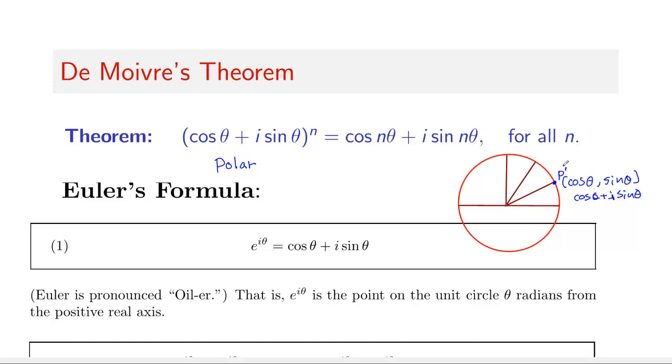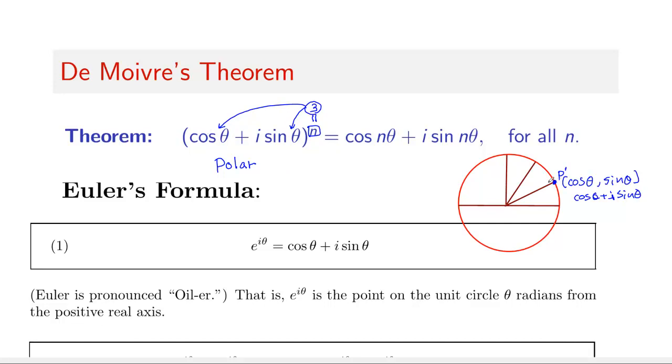Now we're going to apply an exponent. Suppose n is 3. By the theorem, this exponent goes into the angle. You can prove this one by mathematical induction. So what happened at this point?